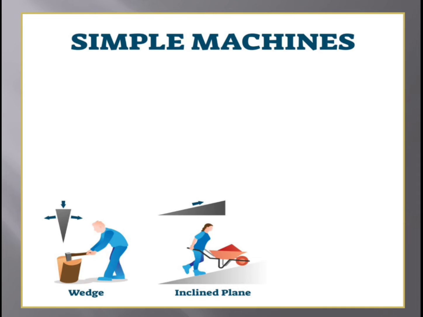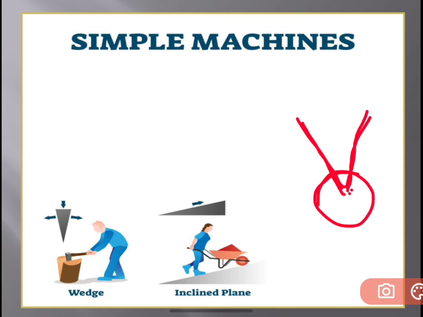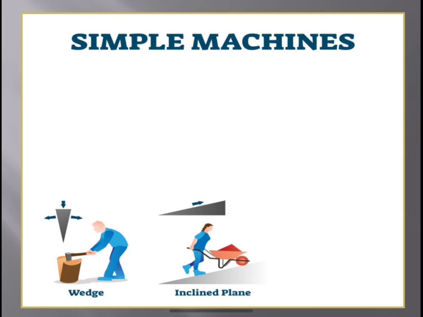Let me show you, like this. Here it is pointed, so this is one slanting plane and this is another slanting plane which is joined to it, and this part becomes very sharp. It is used to cut strong pieces easily.